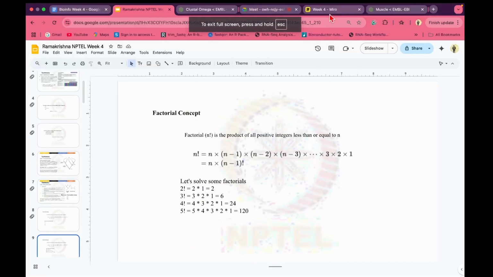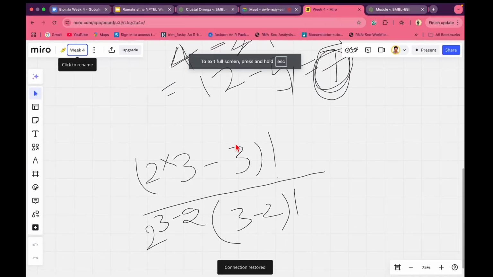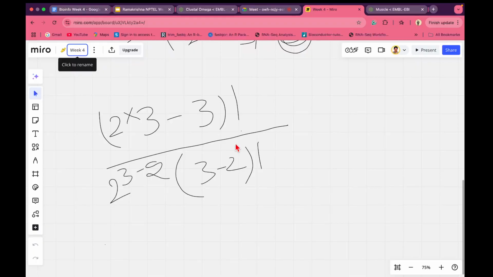We want n equal to 3. So according to the formula, I replace n with the value of 3. So this gives (2×3 − 3)! divided by 2 to the power of (3 − 2) times (3 − 2)!. So this gives 3 factorial divided by 2 to the power of 1 into 1 factorial.